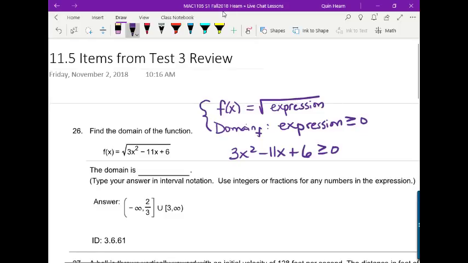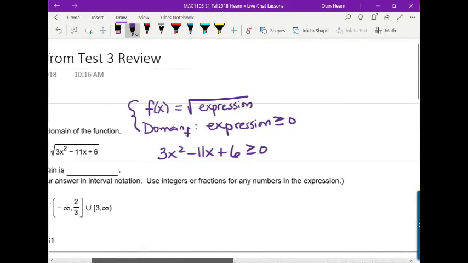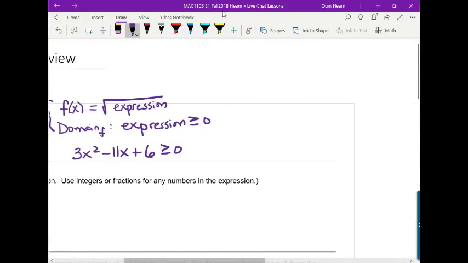So let's go ahead and solve this quadratic inequality. All right, so to solve a quadratic inequality, we cannot just simply rearrange and get x by itself. So what we're going to do instead is analyze when this expression is positive or negative. We are going to think about, in other words, the function y equals 3x squared minus 11x plus 6.